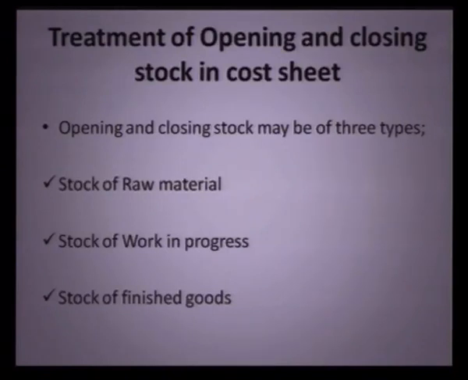It may be stock of raw material, the material which we use to produce goods. There may be stock of work in progress, the raw material on which some process has been done, yet it is not in the finished shape. And then we have finished goods. Sometimes all these three types of opening and closing stocks are available. So how we will make the adjustment is very important.